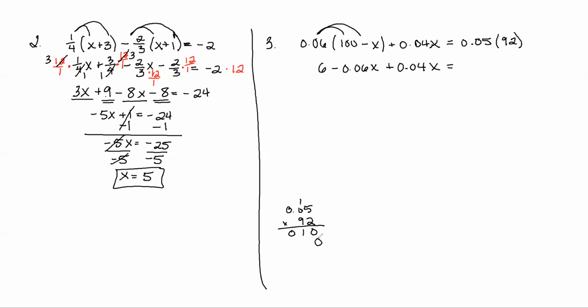Put a 0 down there. 9 times 5 is 45. 9 times 0 plus 4 is 4, and 9 times 0 is 0. Let's add these. So we get 0, 6, 4, 0, and then we want to move it over 2 decimal places. So we end up with 4.6. And I'm just going to leave that 0 off at the end.